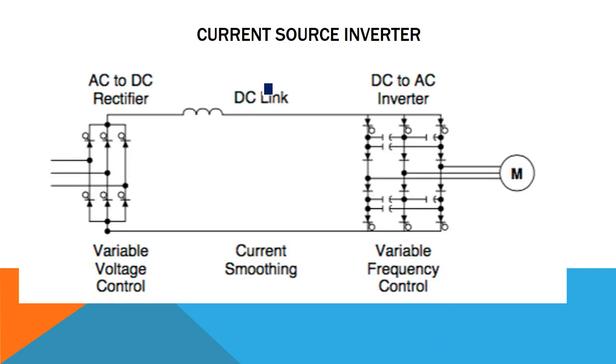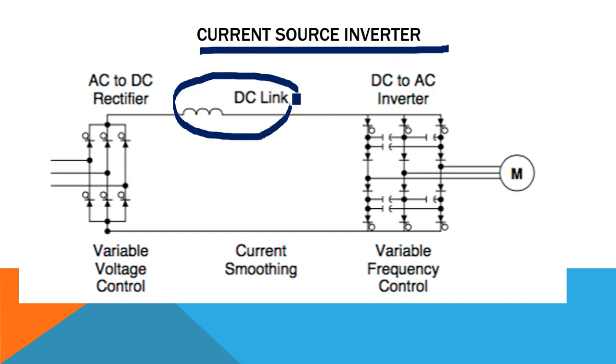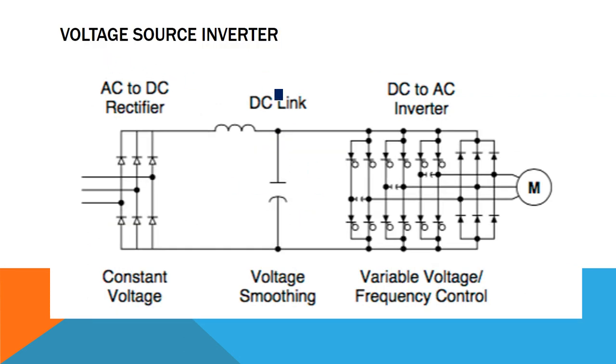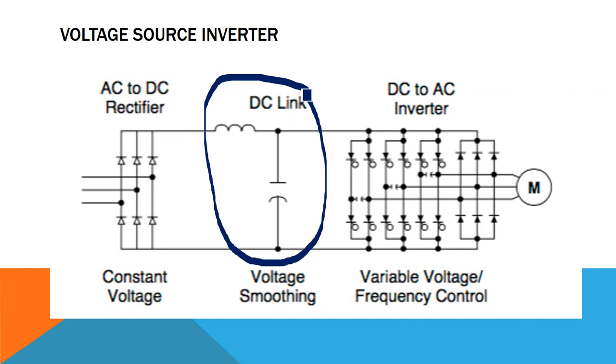And in the DC link, we will be seeing two sections like this. One is CSI, current source inverter. We will be seeing the DC line like this here, and the voltage source inverter is like this. It is having a DC link like this.